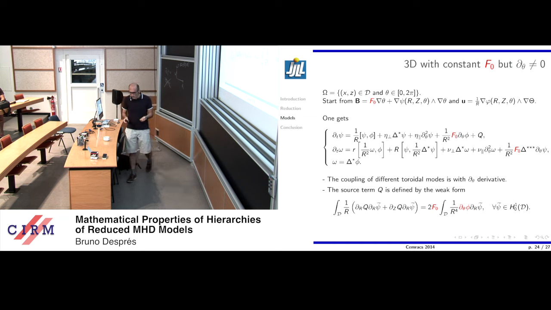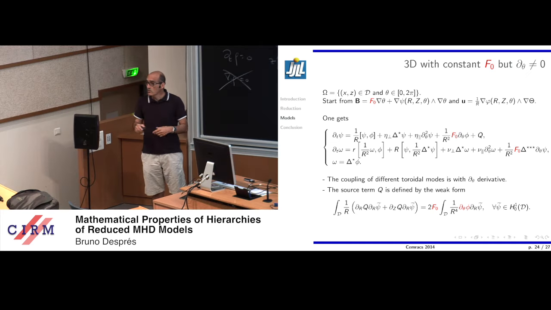Because this is what people look at with all these codes. They use a multidimensional perturbation, and when I discuss with people, it seems quite challenging to understand the stability or the numerics of all these models if you have dependence of the potentials also with respect to the theta variable. Okay, so let's decide that.